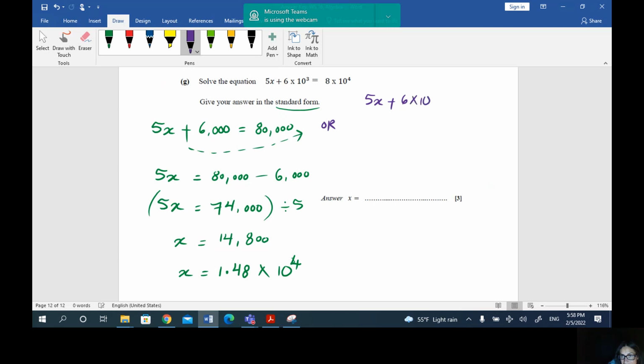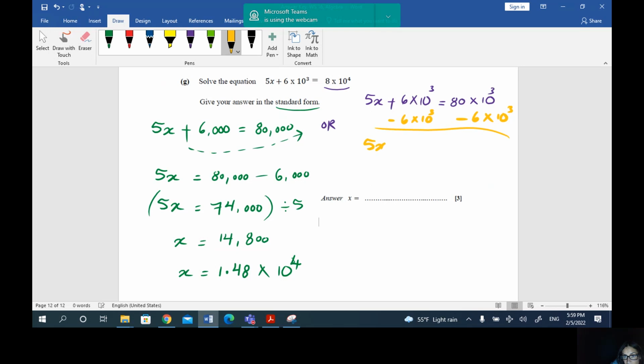If I want to make it the exact same power, can I write this as equivalent to 80 times 10 to the power of 3? Of course I can. And then I'm going to apply opposite operations. So I will say minus 6 times 10 to the power of 3 on this side, and minus 6 times 10 to the power of 3 on the other side. So what is left?